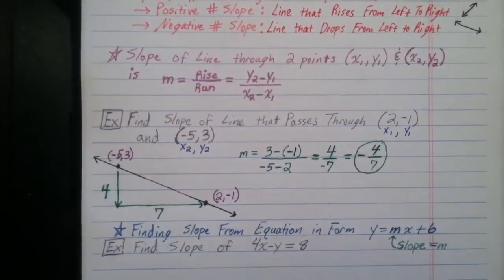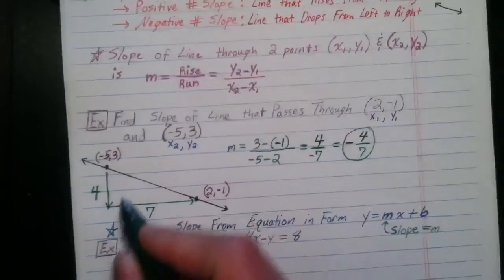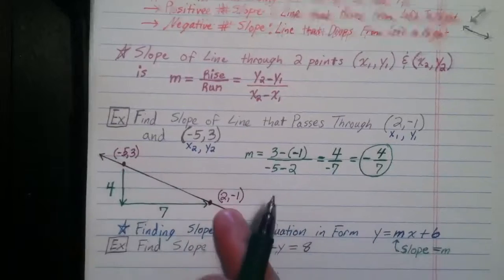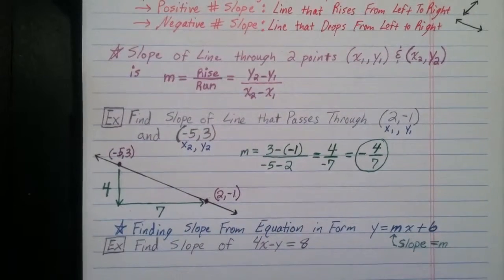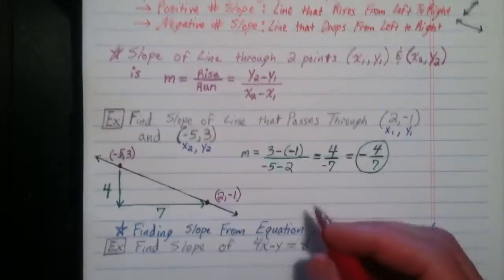So if you were to actually count on the graph, you'd be moving down 4 and to the right 7 to get from this point to this point. And that right there tells you that your slope would be that 4/7.